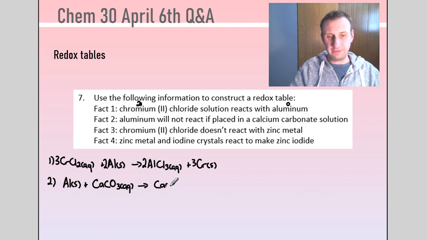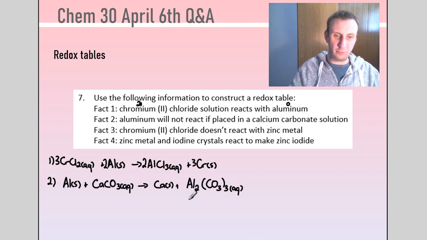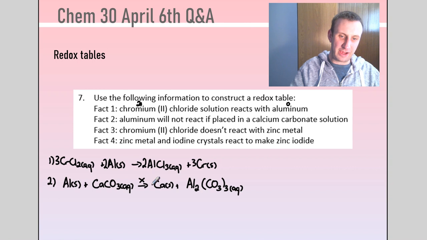It's going to give me solid calcium and aluminum carbonate, Al2(CO3)3, sure, let's make it aqueous. This does not happen. Okay, now in terms of balancing, if we were to make this work, that would be a 3, this would be a 3, and this would be a 2.